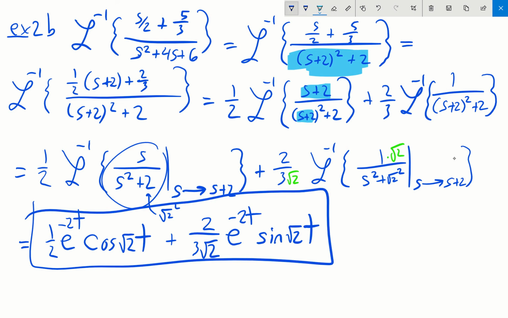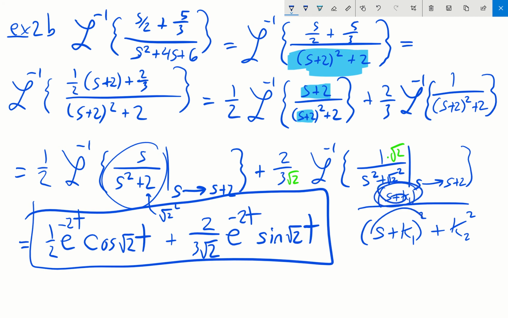Eventually it's going to look something like s plus some constant squared plus some other constant, and generally we like to think of that constant as being squared. But then you also want the same kind of term in the numerator, so you factor out whatever you need to make that same variable appear in the numerator so we can treat it as a shift. So here's an example of this. This was example 2b.